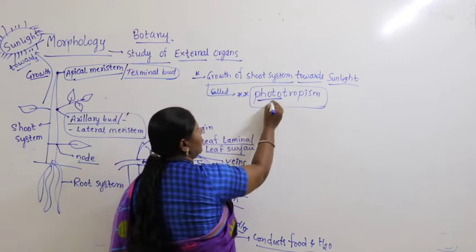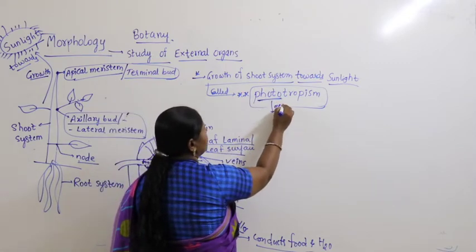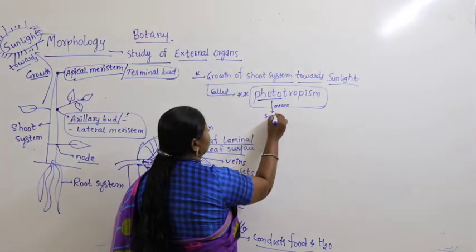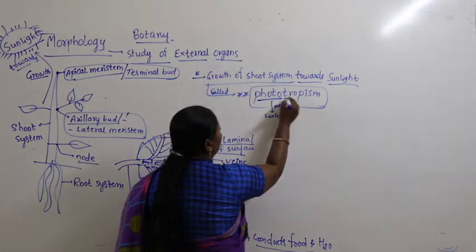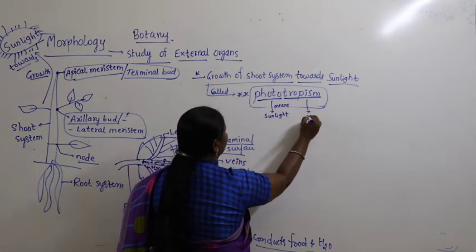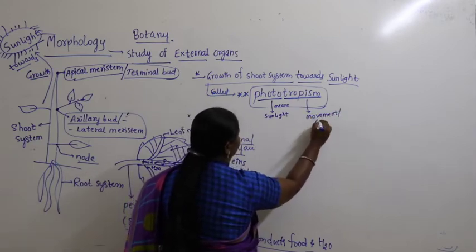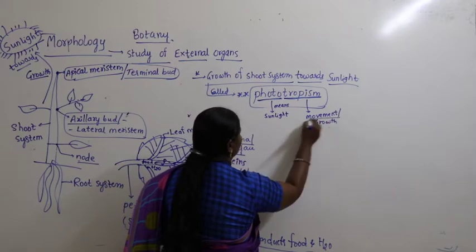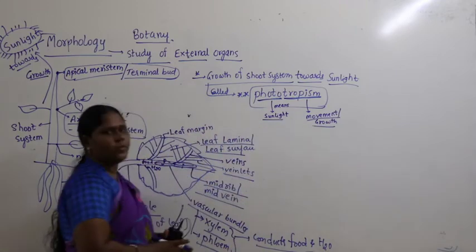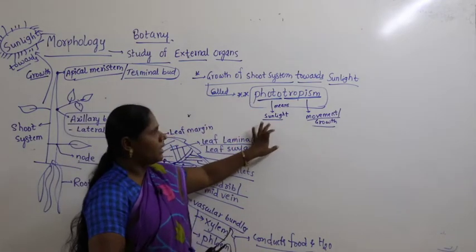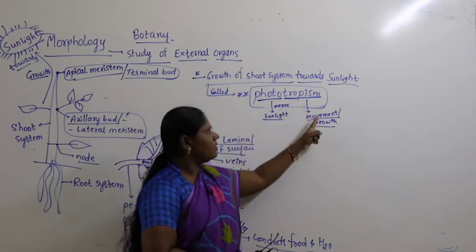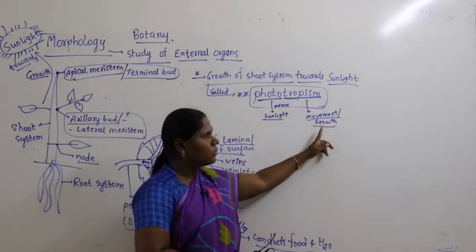Photo means sunlight. Trophism means movement or growth. Okay. Photo means sunlight. Trophism means movement or growth.